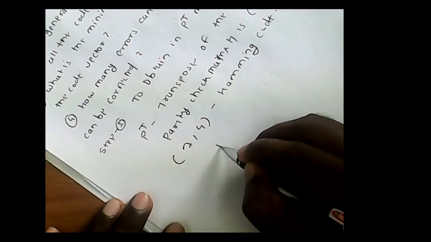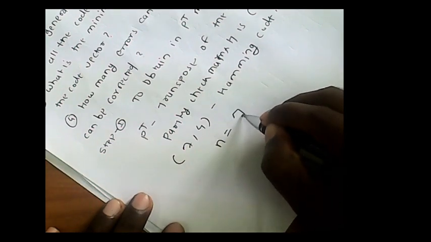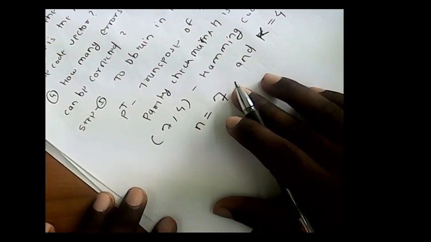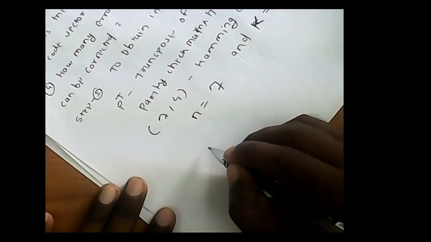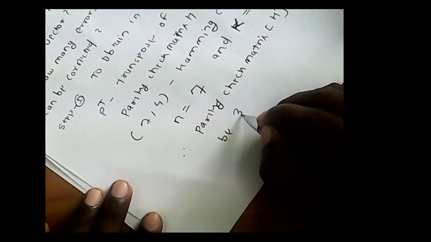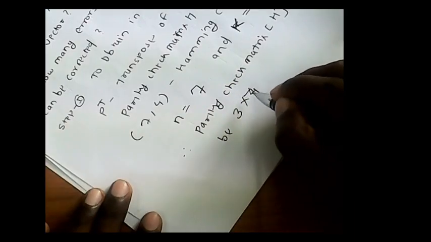So the length of the code vector is 7, and the length of the message vector, k, is equal to 4. Hence the parity check matrix H will be of dimension 3 by 7.